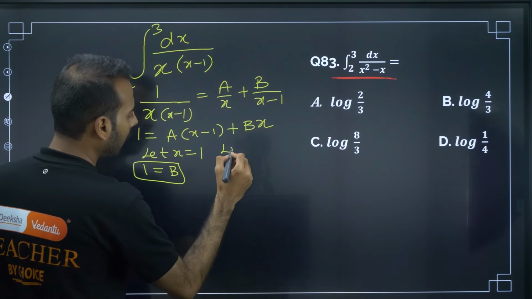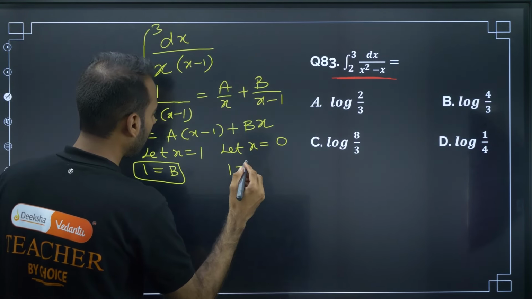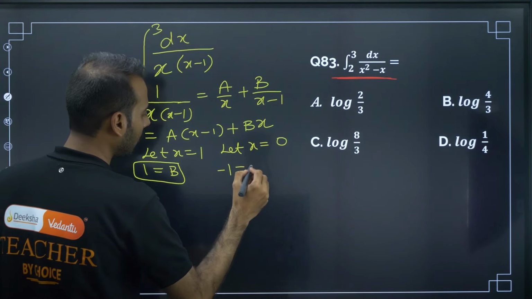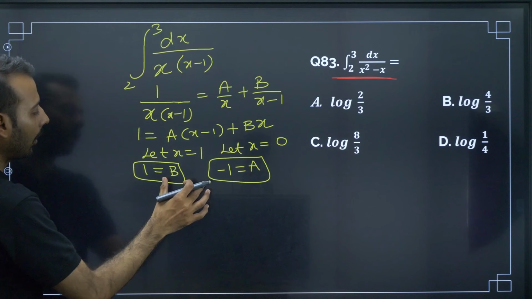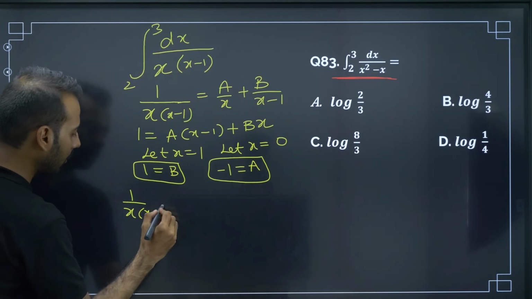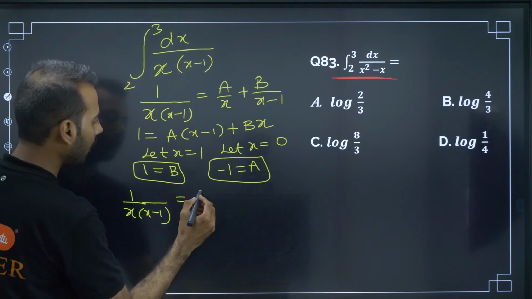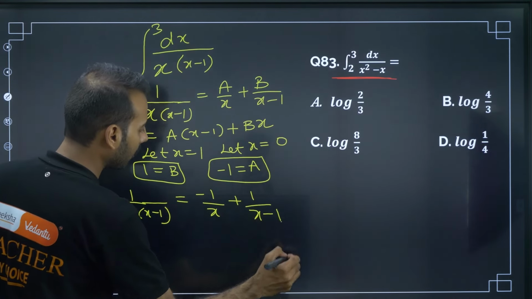Next, let x equal to 0, so this becomes a into minus 1 is 1, so a is minus 1. So if I place this here, 1 by x(x minus 1) is equal to minus 1 by x plus 1 by x minus 1.